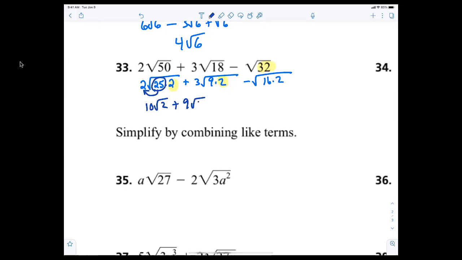Yes. Come on, kiddo. Next. Why 8? Oh, 4. Final answer. Yes, 15 radical 2. All right, 15 radical 2.